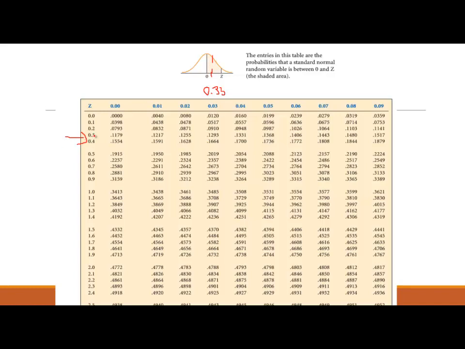So the intersection of 0.3 and the 0.03, this is the number that you would need.